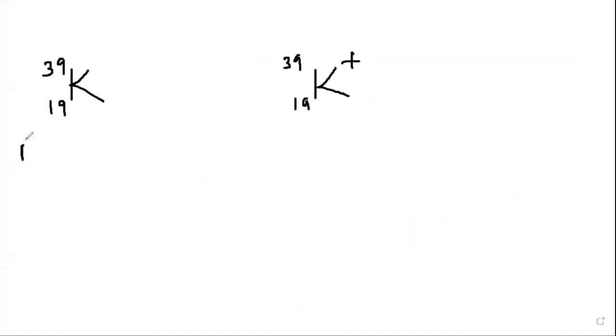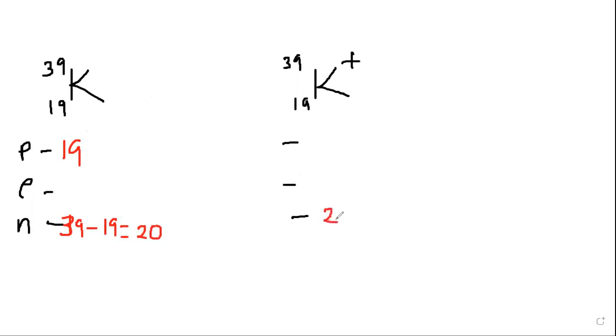When we look at the P and the N of both, they are not going to change. This will be 19, this will be 19, and the neutron number will be 39 minus 19, which gives you 20. So you have 20 here, you have 20 there, you have 19 there.